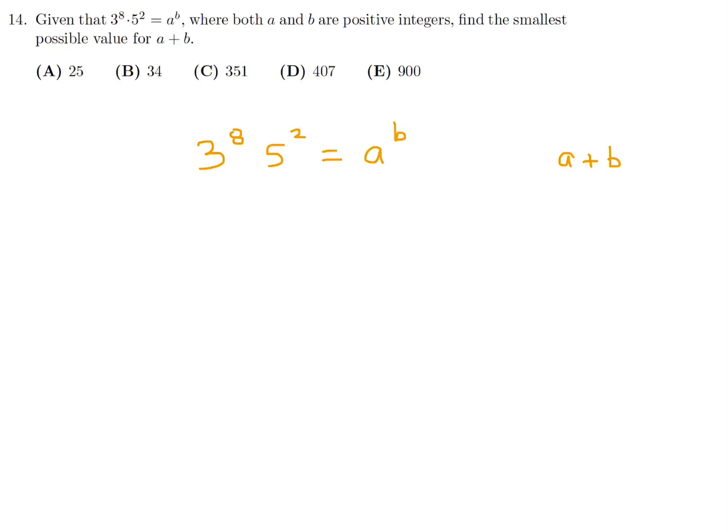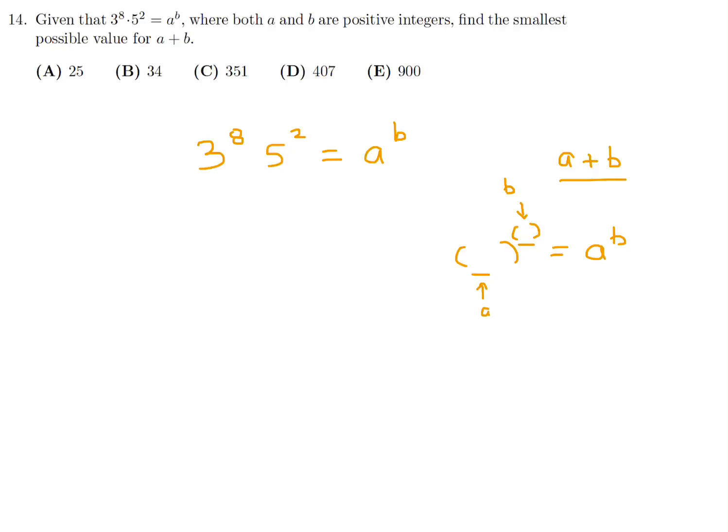Well, instead of four different numbers here, if we can get it in the form a to the b, equal to something to the something, two numbers, then we can compare those. We call this one a and this one b, then add up a plus b and see what we get.